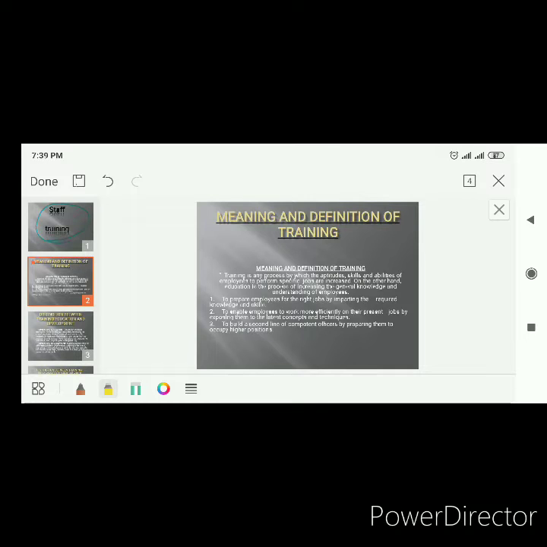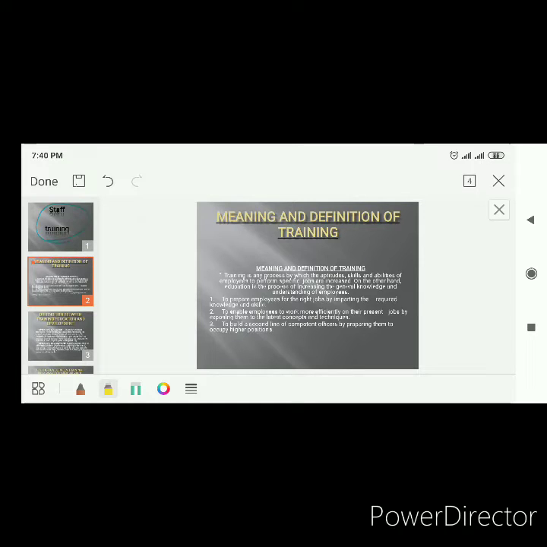Point number 2: to enable employees to work more efficiently on their present job by exposing them to the latest concepts and techniques, because you are teaching them how they can learn the latest concepts and techniques.